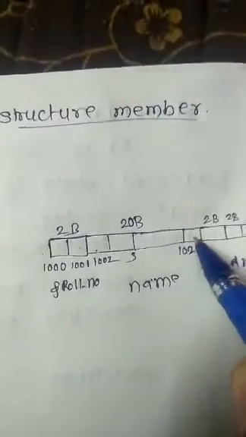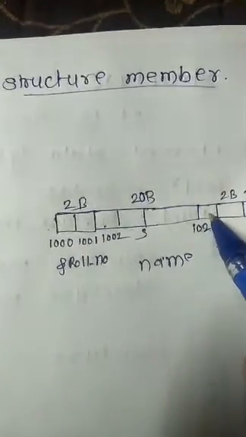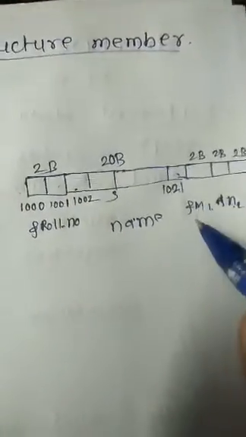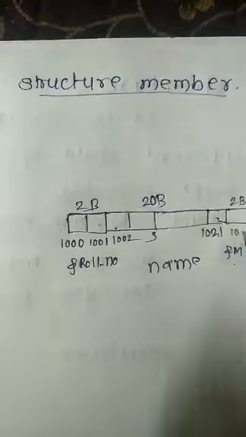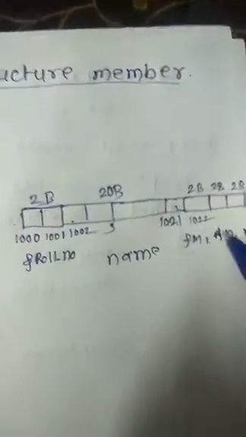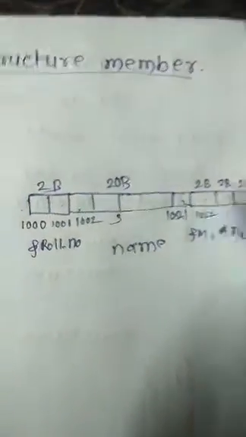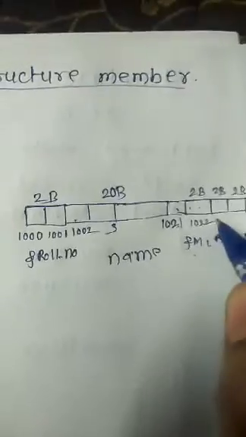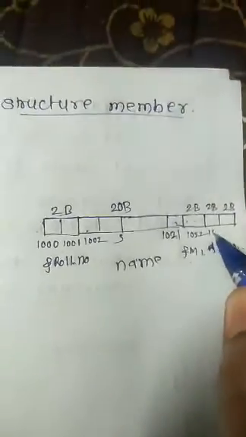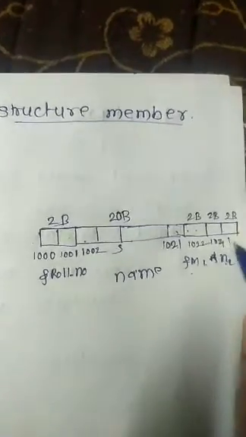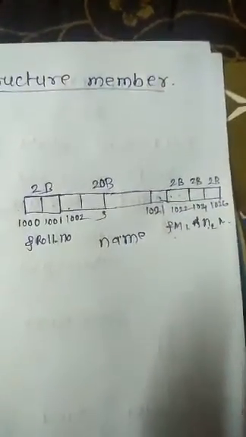Now we see the address locations. 1021 is the last address location of the characters, so the next address location is given to M1. 1022 is the address location, and 1023 is inside this, because it is 2 bytes of memory, so 2 address locations are given. Then 1024 is here, 1026 is here. Got it?